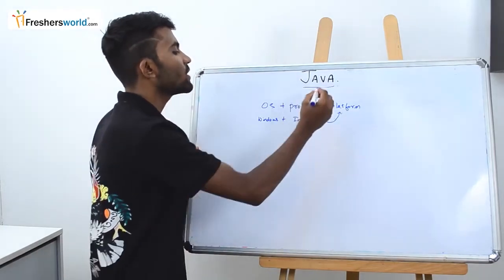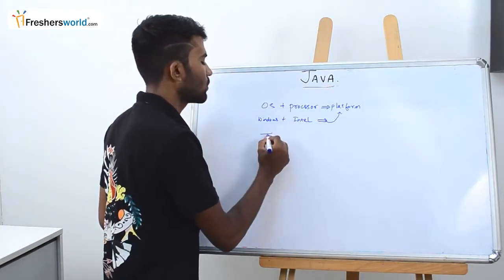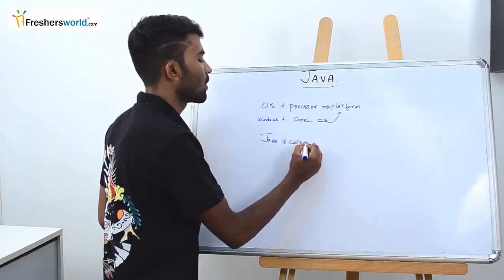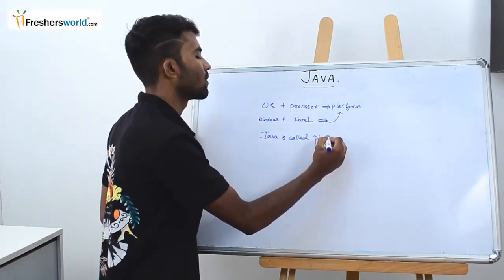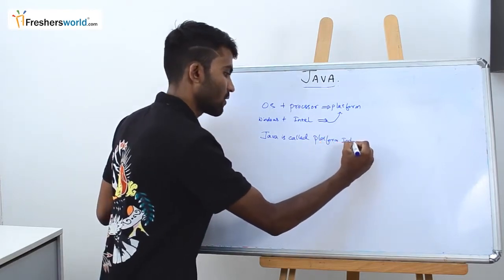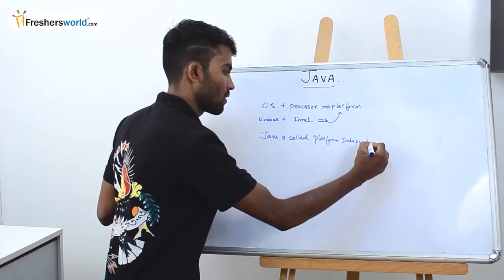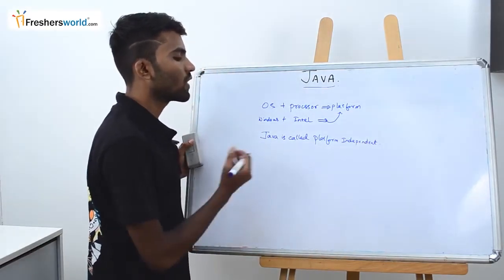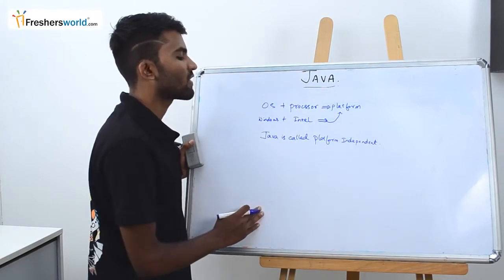Now Java is called platform independent. With an example we'll try to analyze why Java is called platform independent.